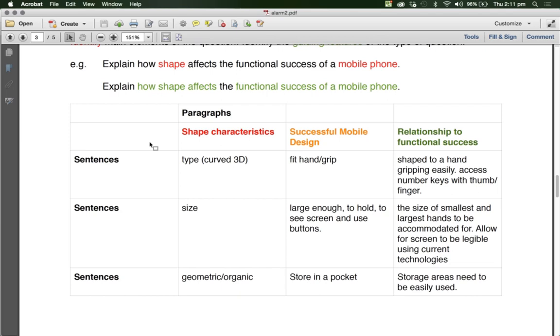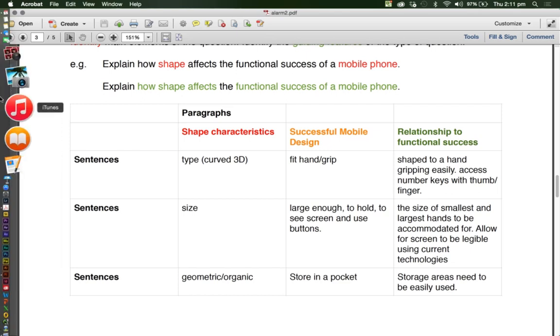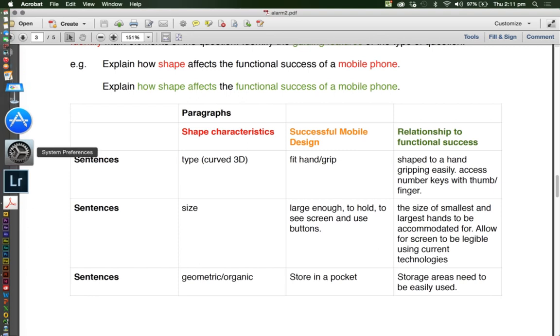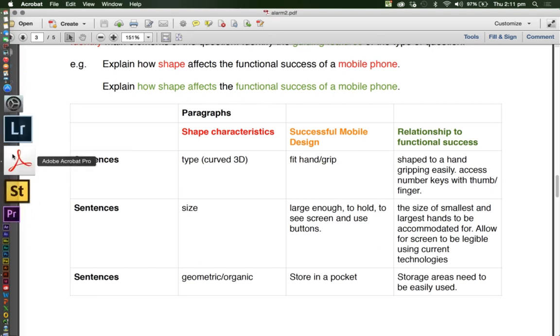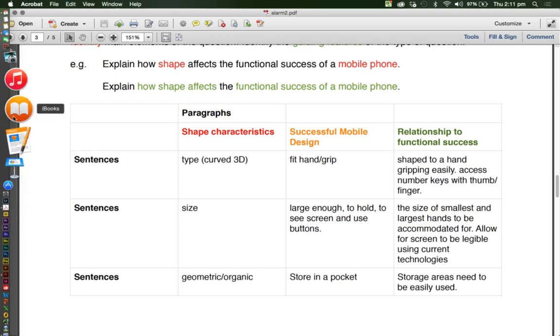I'll pop back to it, but I was just pointing that out. So you can see it doesn't require a whole lot. In fact, one of the key things you should understand with the Board of Studies HSC exams is this. I'll pop back to it. Oh no, it's the wrong one.